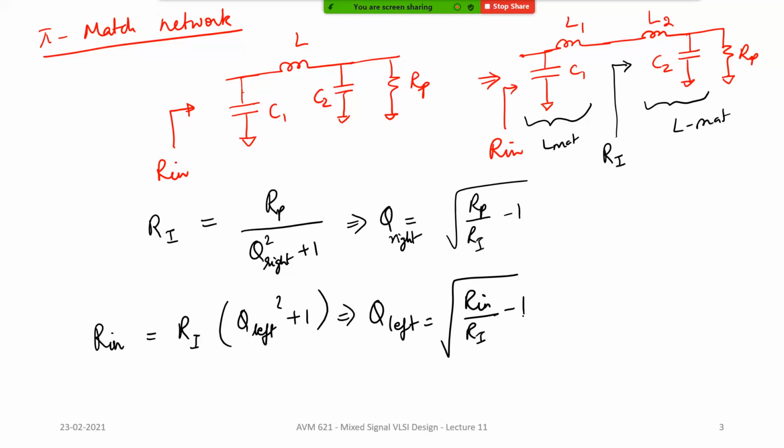Now let us look at the right-hand side network. You have L2 as well as C2. So basically you can write two different Q equations for the right-hand side network.